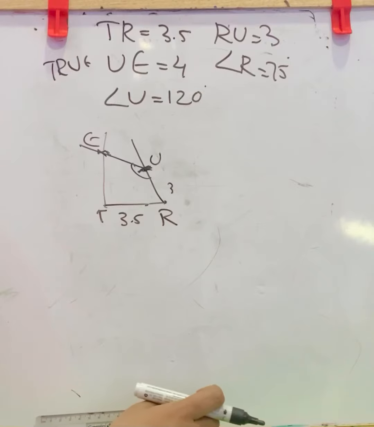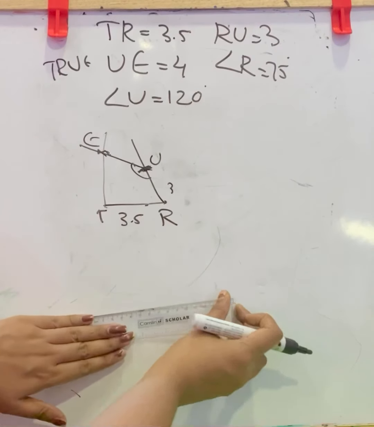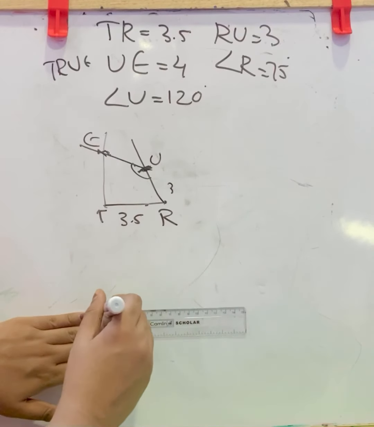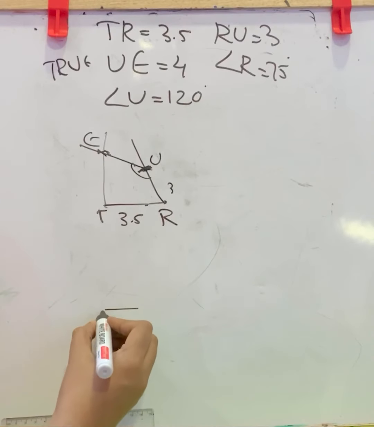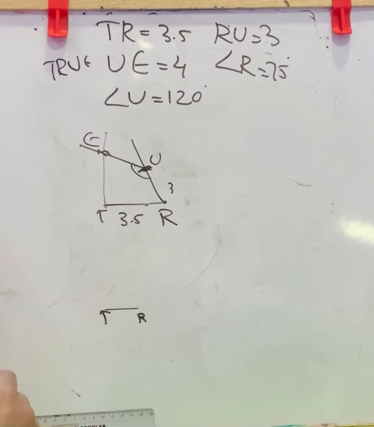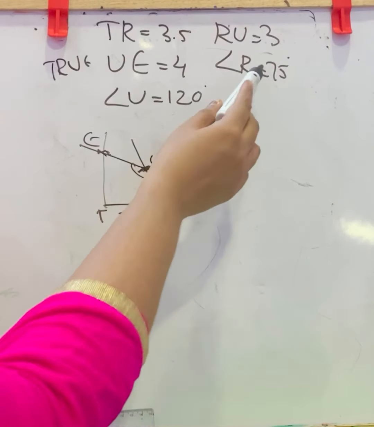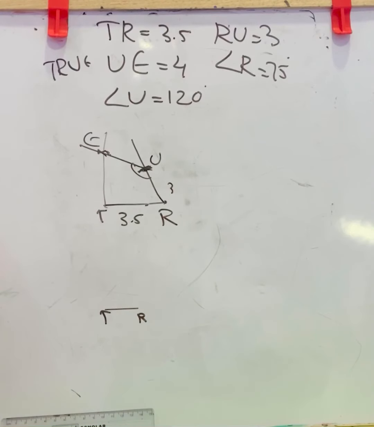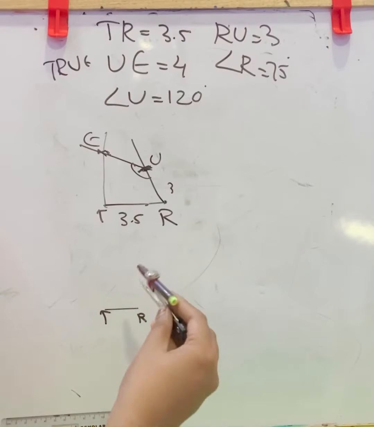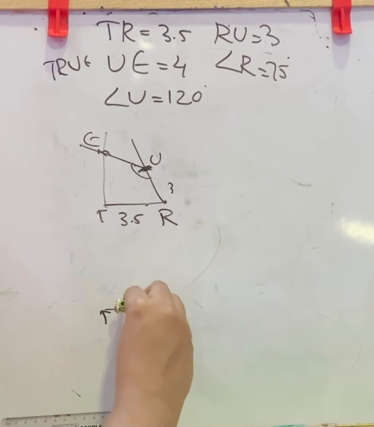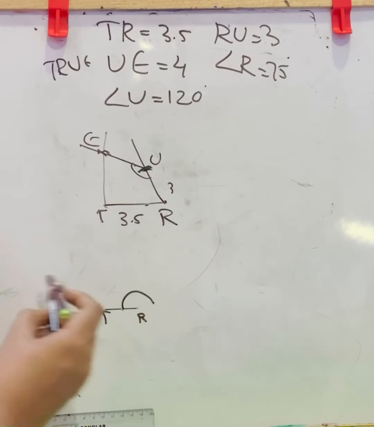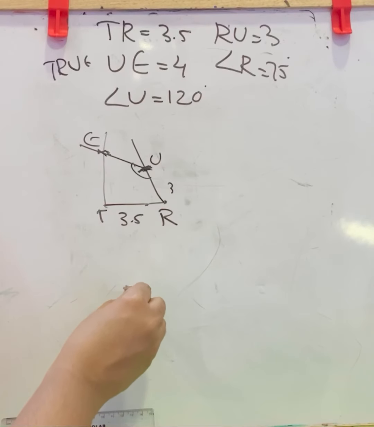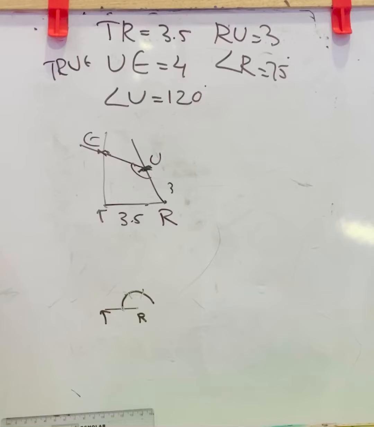So let us construct it. First we will draw 3.5. This is TR 3.5. Now next we will construct angle R 75. To construct angle 75, take any radius, draw an arc like this. With the same radius, draw another arcs on this bigger arc.